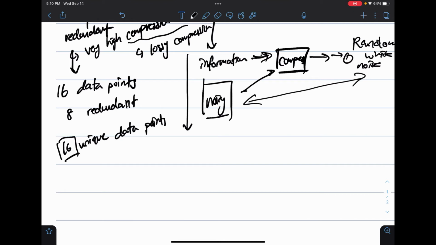There is no pattern. There is absolutely no pattern. Yes, the movie is the most unique out of all, right? And we might have completely different 16 unique data points, but they won't compress perfectly. They won't compress at all. They would just be like water. It would be liquid, right? It won't simply compress at all, right?